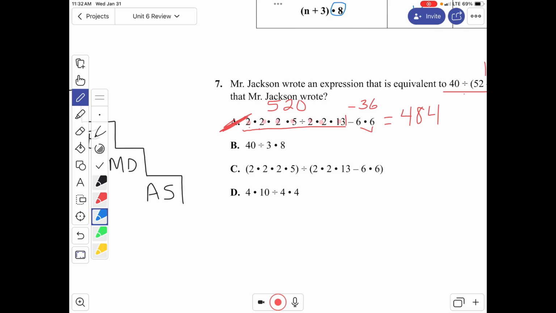The next one, again, there's no parentheses and no exponents, so I'm going to do multiplication and division from left to right. 40 divided by 3 times 8.